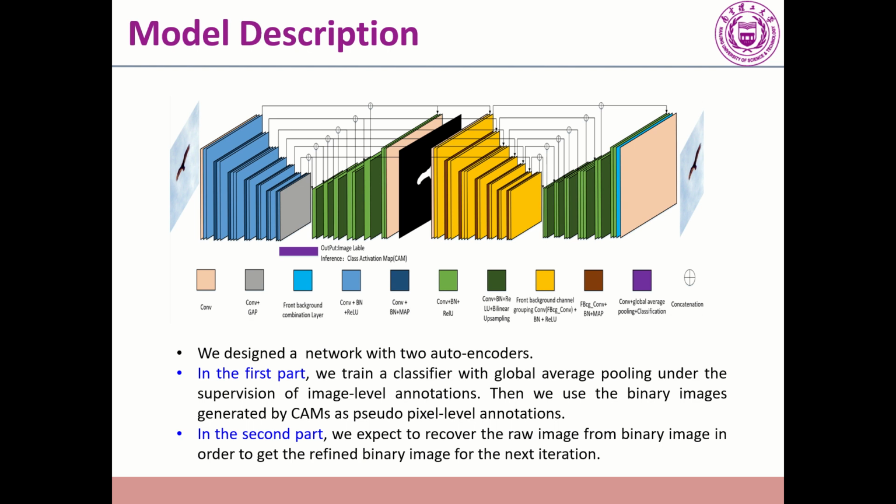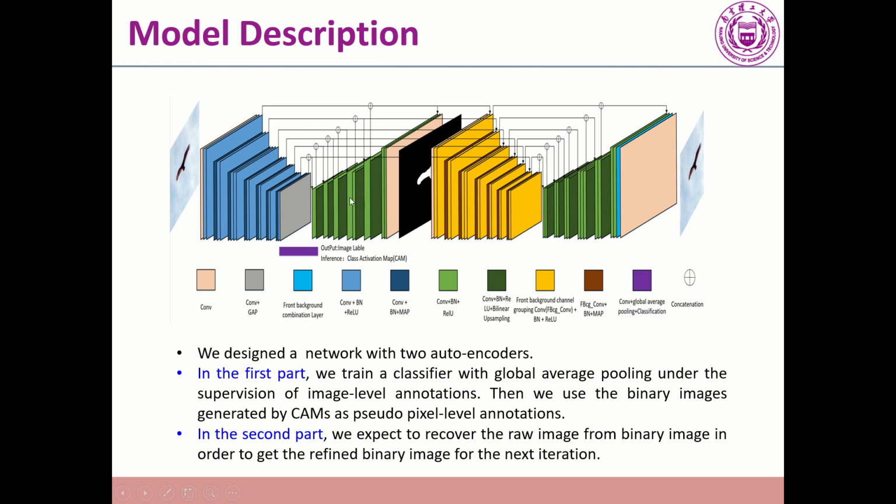Then we use binary images generated by class activation maps as pseudo pixel level annotations, followed by the first decoder. We use bilinear upsampling to get the binary image with the same size as the raw image and calculate the loss in each convolution.